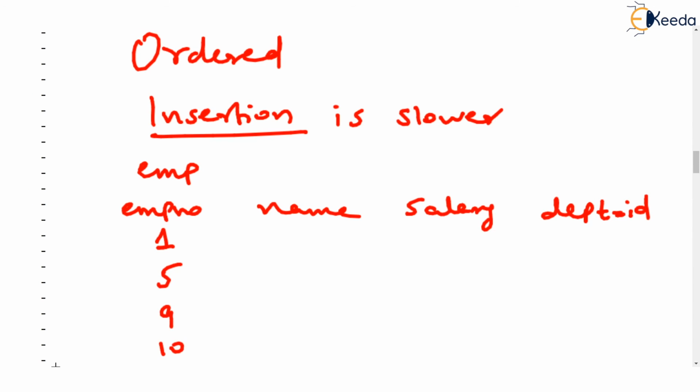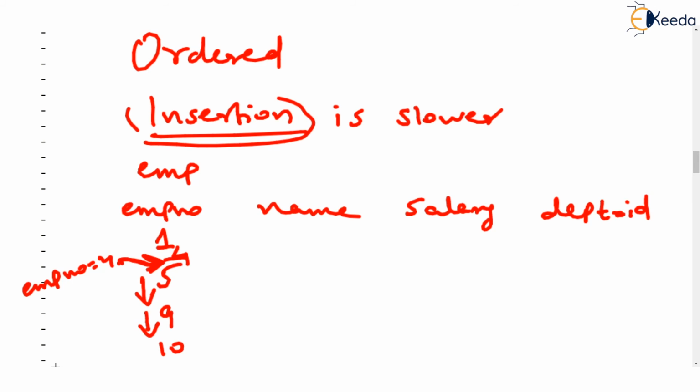Now suppose a new employee joins and we give it employee number 4. Then this person has to be inserted here, isn't it? But how are you going to insert between 1 and 5? You will have to push down all these records by one row and make place for this new person who has employee number 4. So the insertion operation can be really very slow for an ordered file.